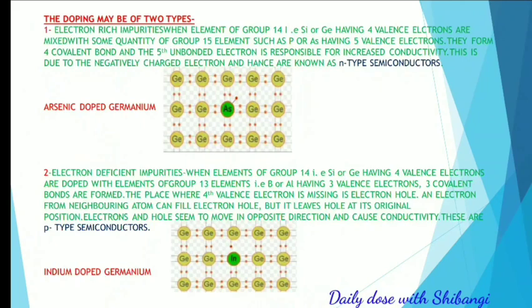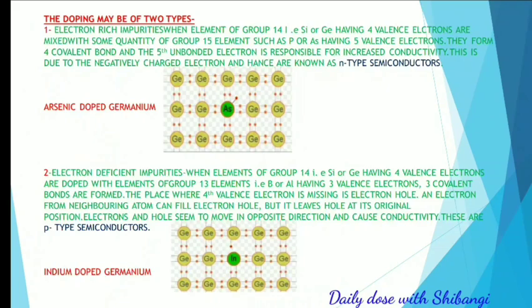The second type is the P-type of semiconductors. Electron-deficient impurities: when an element of group 14, that is silicon or germanium, having 4 valence electrons, is doped with elements of group 13, that is boron or aluminium, having 3 valence electrons, 3 covalent bonds are formed.